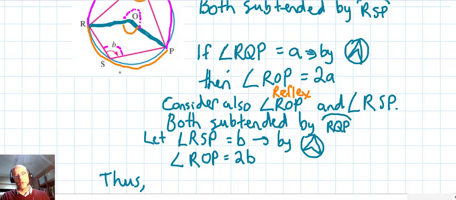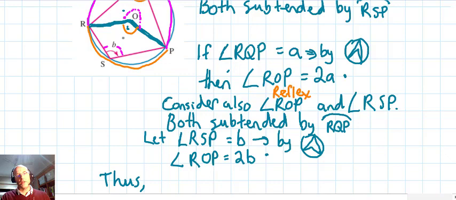Now if we look at the center here, we've got two angles. The two angles at the center are the two ROP angles. One of these is obtuse and the other one is reflex, and they add together to make 360. We said one is 2A and the other one is 2B.